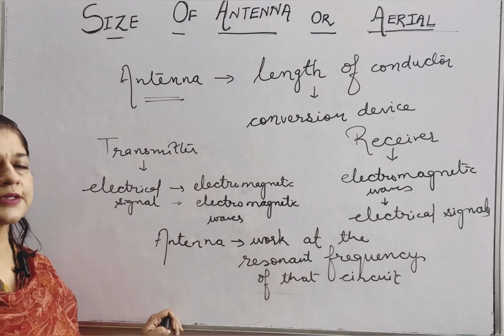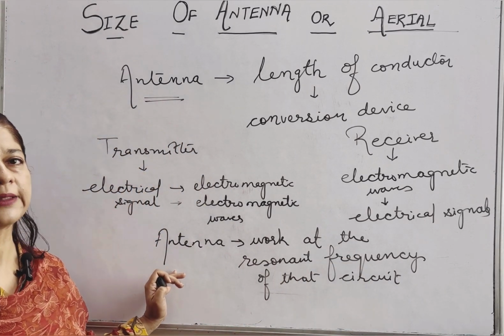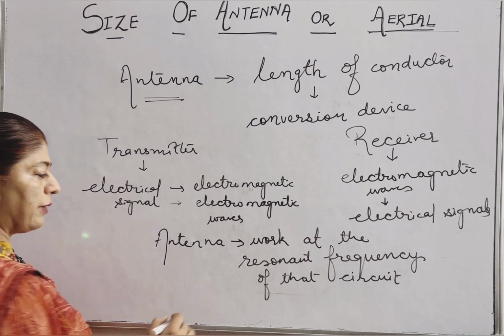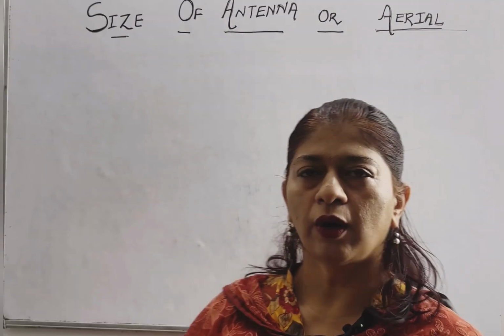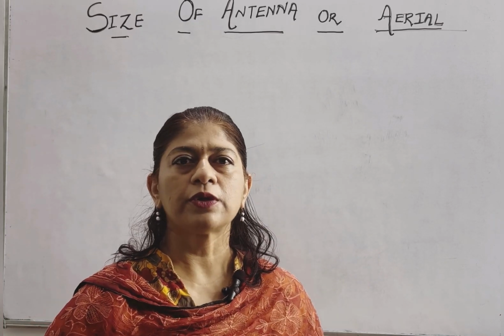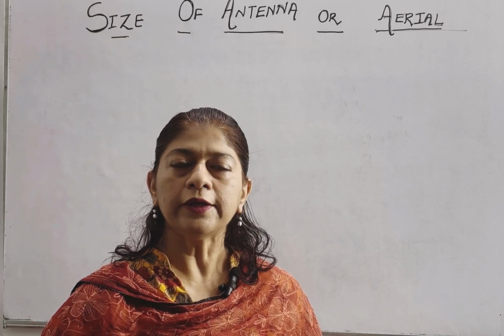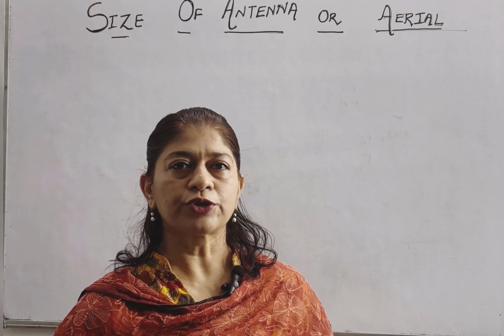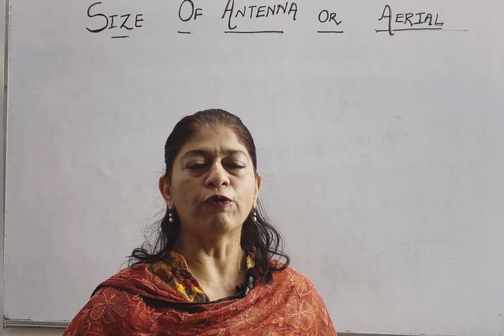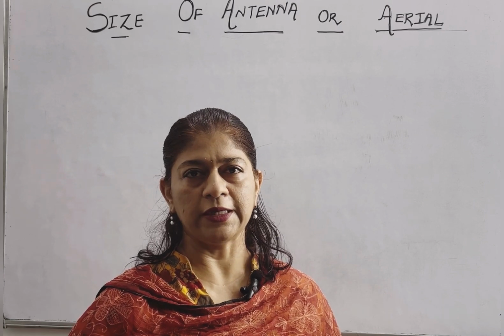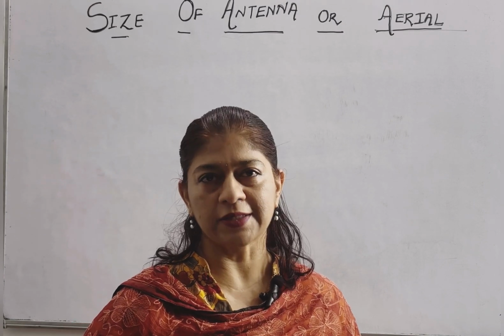To have this, we want the antenna to be of length lambda by 4. For efficient transmission and reception of the waves, it is found that the length of the antenna should be 1 by 4th times the wavelength of the radio frequency signals employed in the circuit.